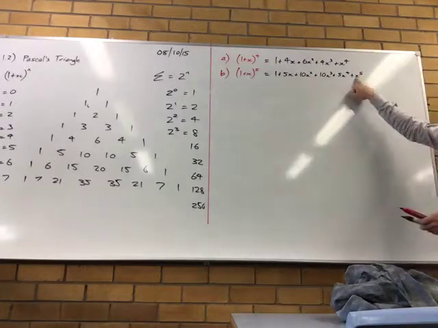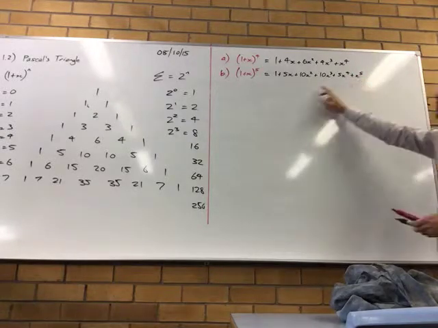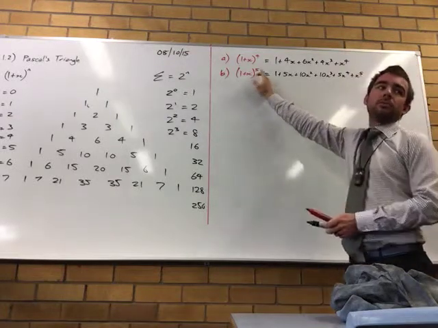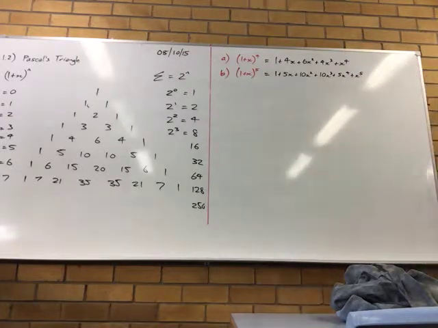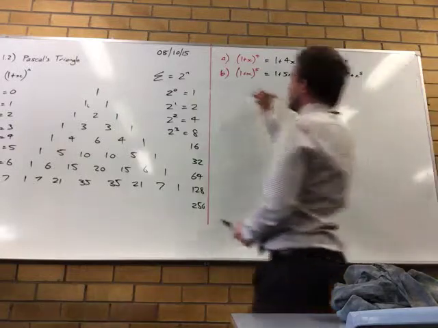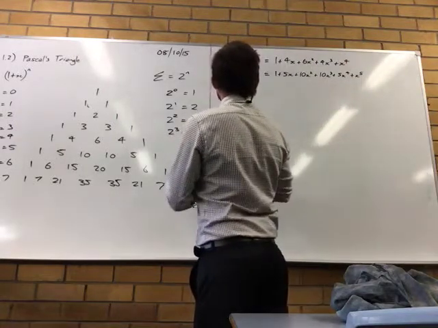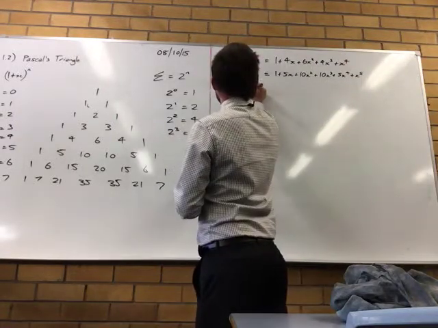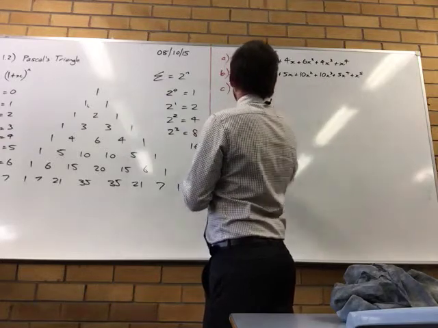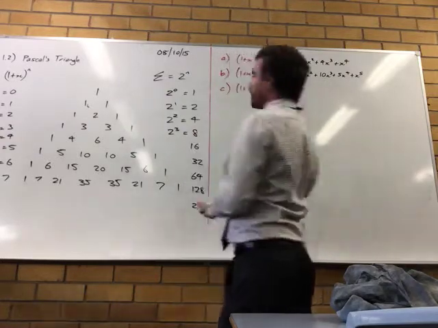Okay, and of course your power is equal to the power of your original expansion. So if you get x^6, for example, then you've not selected the correct row. Right, (1 + x)^6.